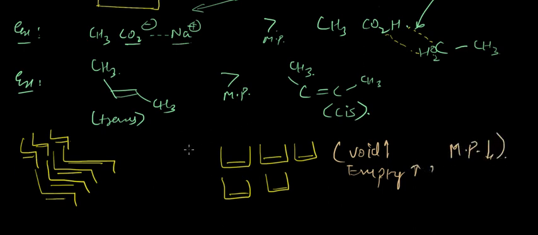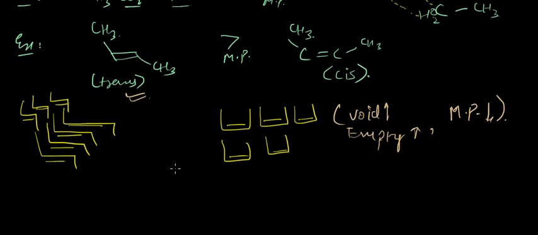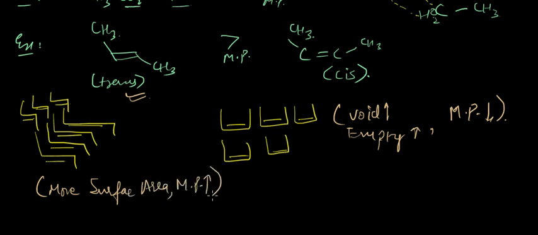So the melting point of trans-butene would be greater than cis-butene. We can also say conversely, the more the surface area, the more the melting point.